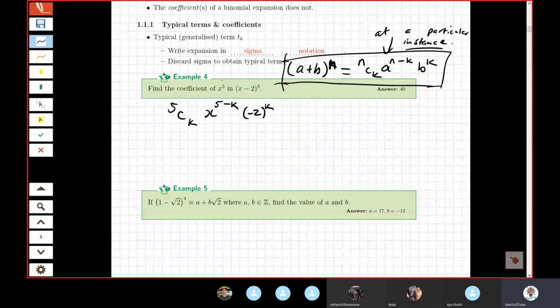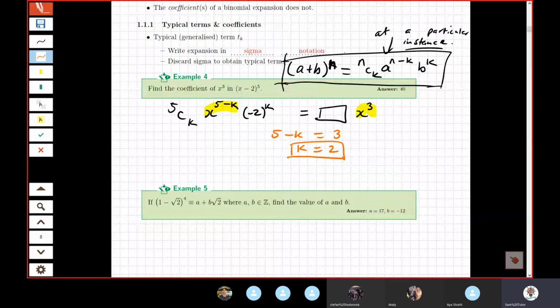If I want it specifically at x cubed, so I want this specifically in front of x cubed, I know that this term needs to equal this term. In other words, 5 minus k must equal 3, and then the coefficients will obviously be the same. So again, 5 minus k equals 3. I think we can conclude safely that k must equal 2.